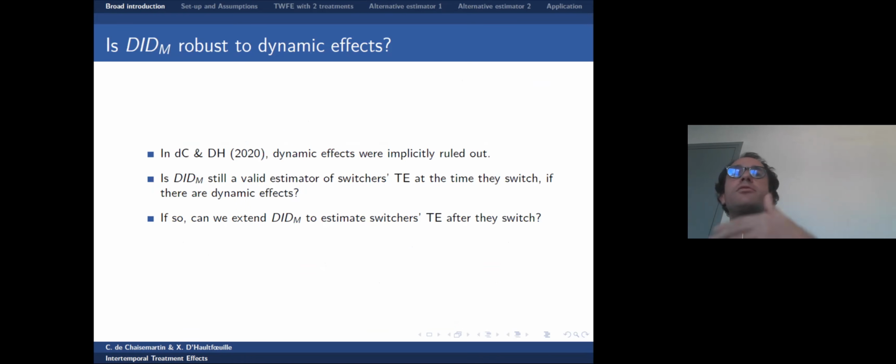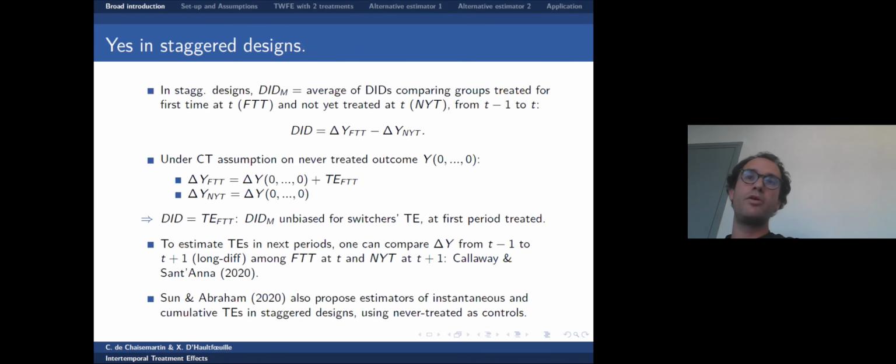And if so, because that estimator was an estimator of the instantaneous treatment effect, the effect of the current treatment on the outcome, would it be possible to extend it to estimate dynamic effects? And so the answer to those questions is going to depend a lot on the design, because the answer is actually positive in staggered designs with a binary treatment.